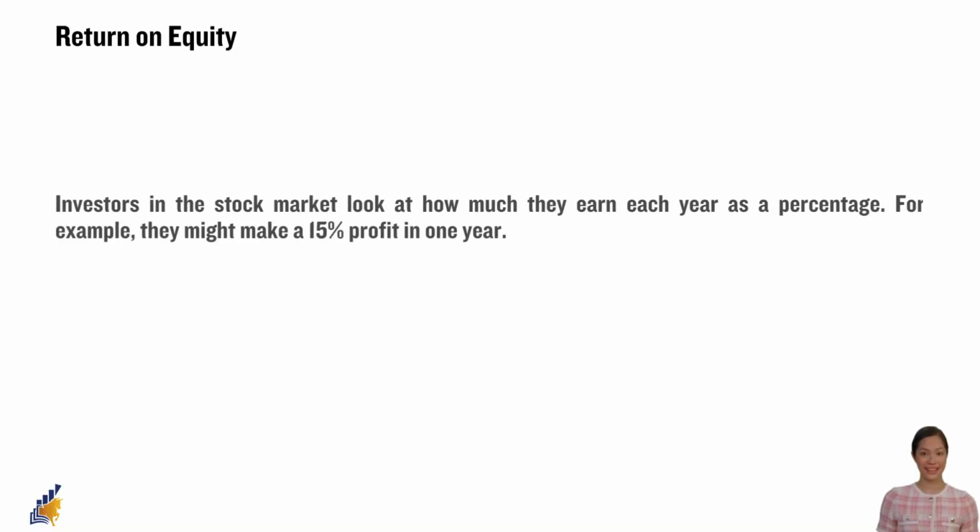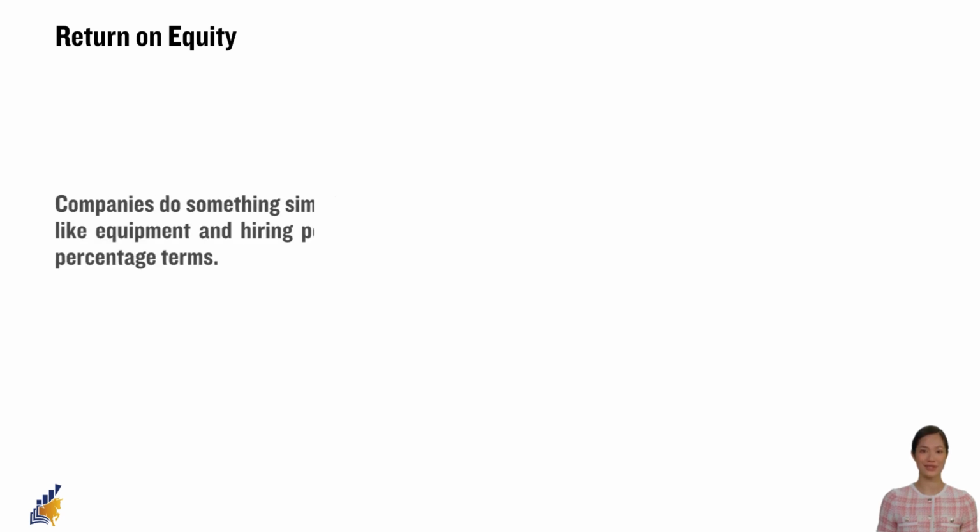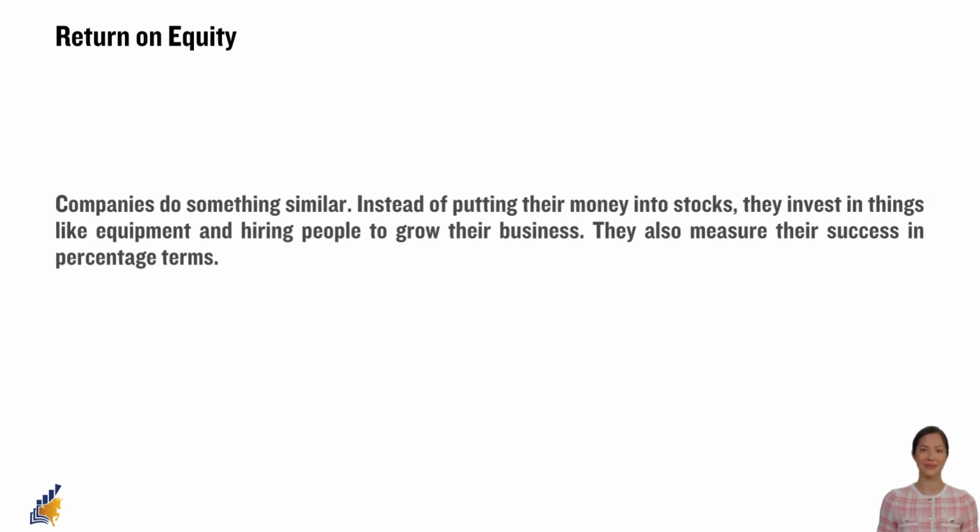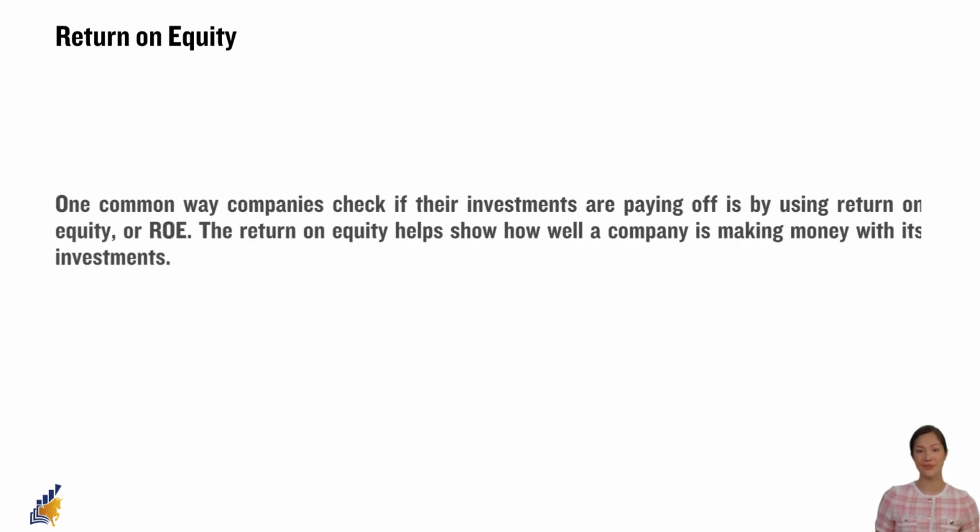Investors in the stock market look at how much they earn each year as a percentage. For example, they might make a 15% profit in 1 year. Companies do something similar. Instead of putting their money into stocks, they invest in things like equipment and hiring people to grow their business. They also measure their success in percentage terms. One common way companies check if their investments are paying off is by using return on equity, or ROE.